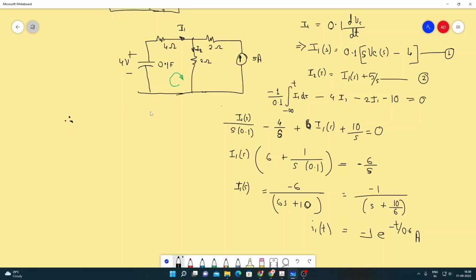So therefore the voltage across the capacitor will be, I can do it in Laplace domain only.